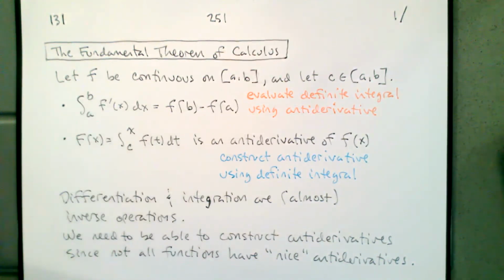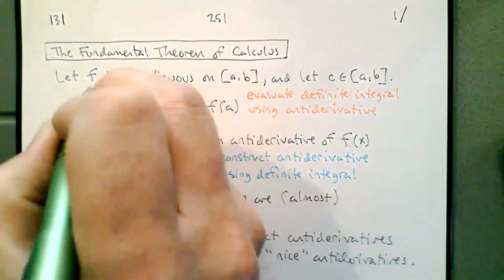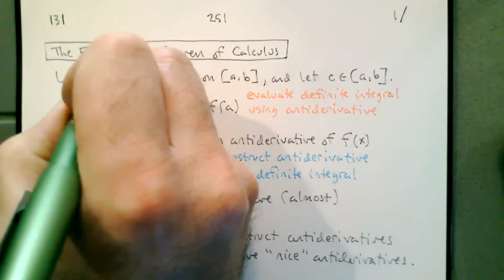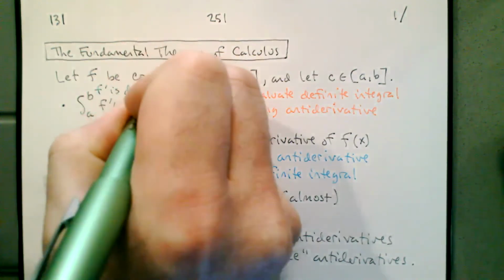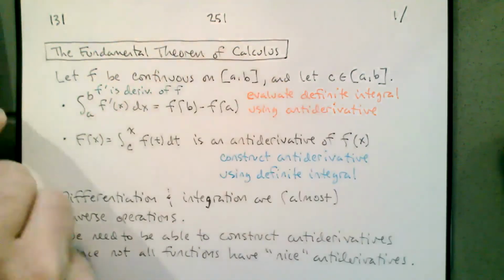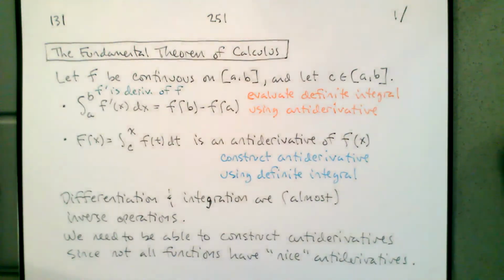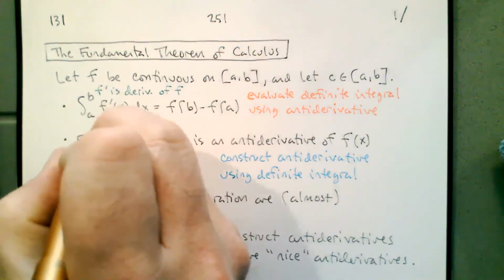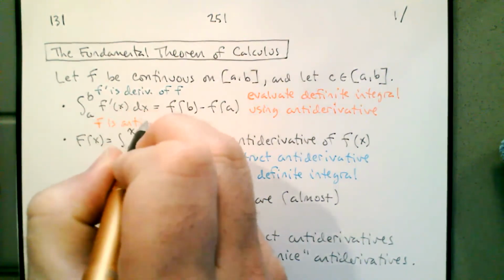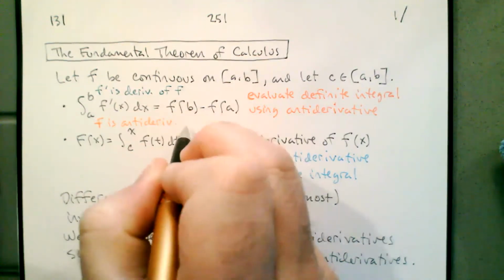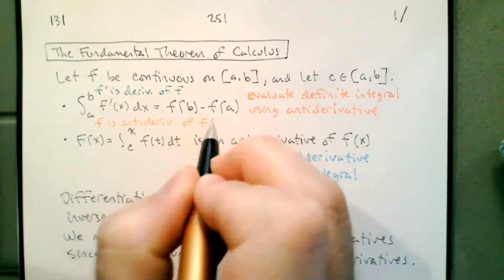So just make a note of that. f prime is the derivative of f, and that means that f is the antiderivative of f prime.